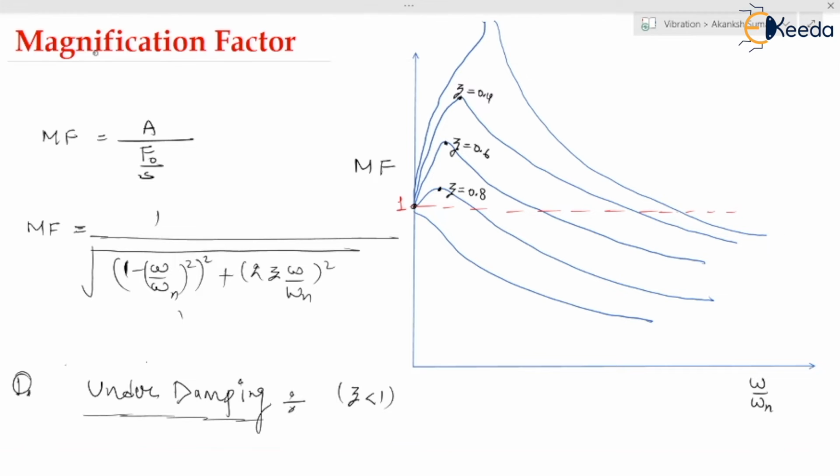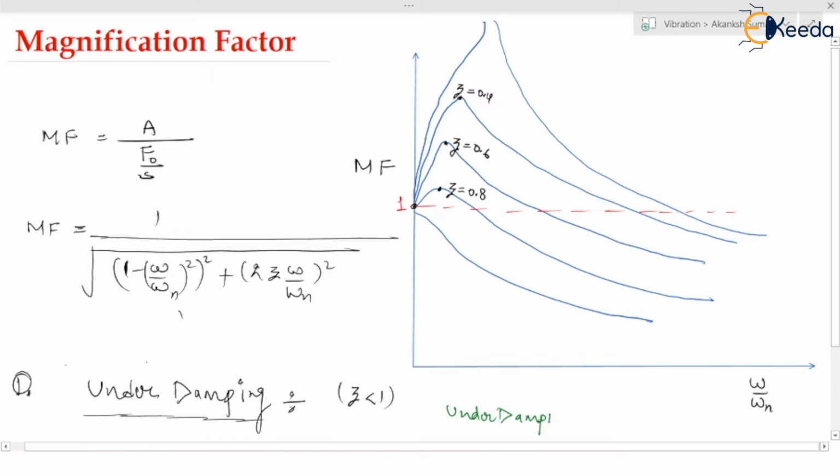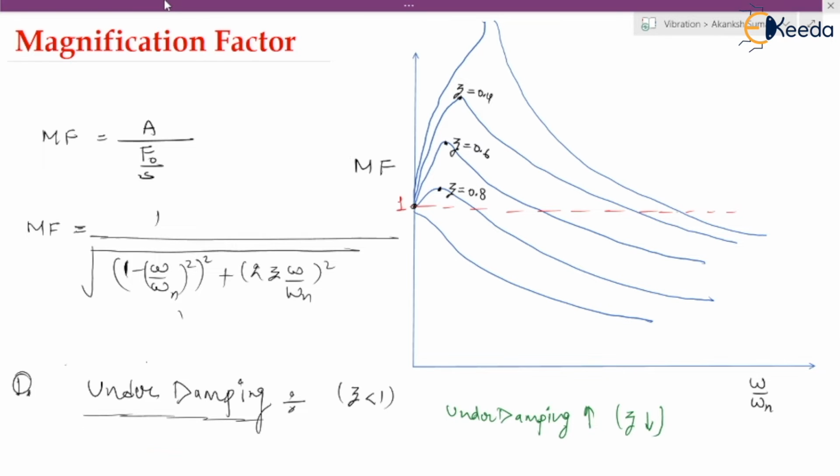And when under damping increases, it is just because the zeta value decreases. Okay. So when the zeta value decreases or under damping increases, the magnification factor value increases. You can see the diagram.